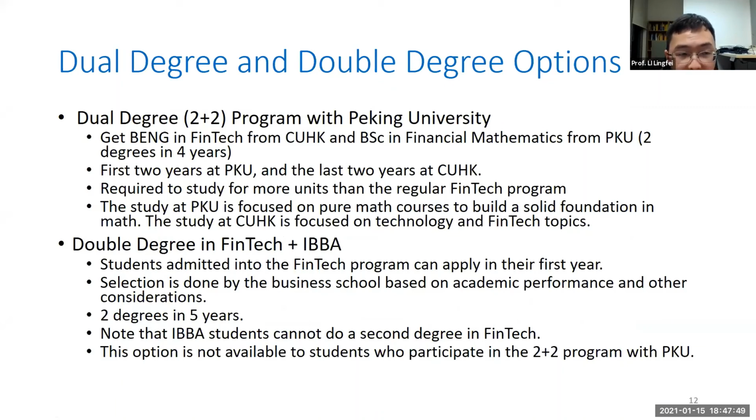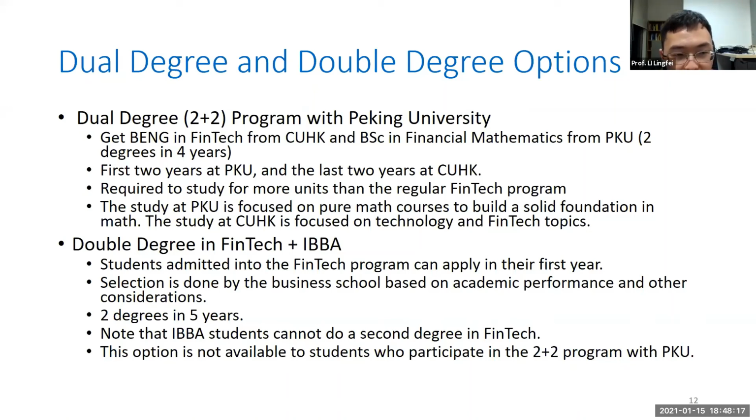Basically, the dual degree program with Peking U is that you study at Peking University for the first 2 years, and then you come back to CUHK for the last 2 years. After 4 years, you're going to get a Bachelor's degree in Financial Math from Peking U and a Bachelor of Engineering degree in Financial Technology from CUHK. So you get 2 degrees in 4 years.